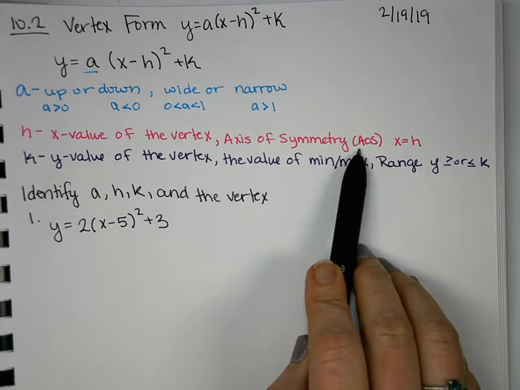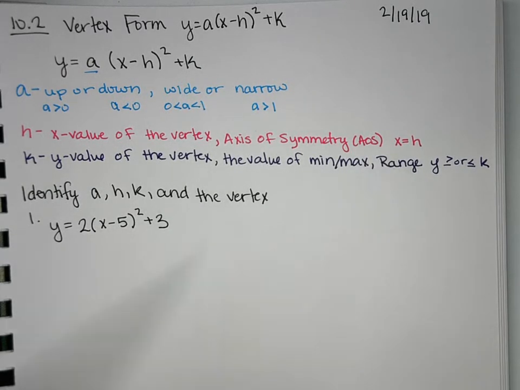That's the abbreviation, capital AOS. That's the abbreviation we use for axis of symmetry. So when you see it on your homework, that's what it means. Because we don't always like to write out that whole statement every time.